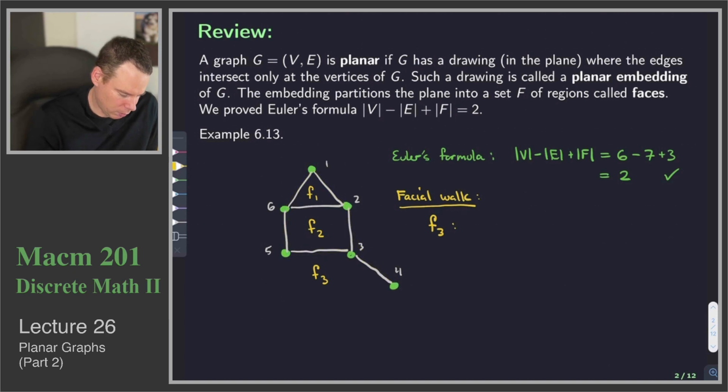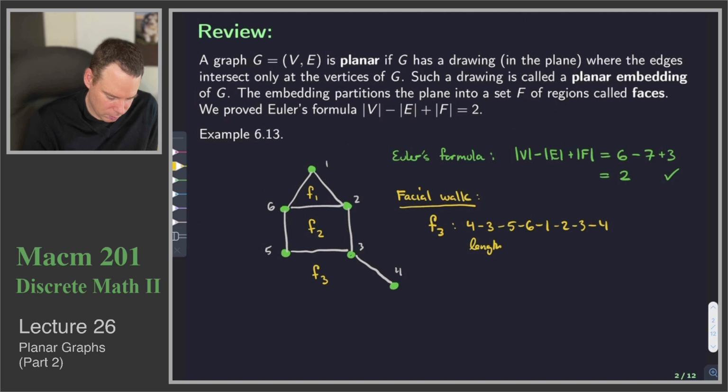So we can jot that one down. We'll start it at 4. We can start it at any vertex because it is going to be a closed walk. We'll come back and close in on itself. So if we start at 4, we went to vertex 3, then 5, then 6, then 1, then 2, then 3, and then back to 4 again.